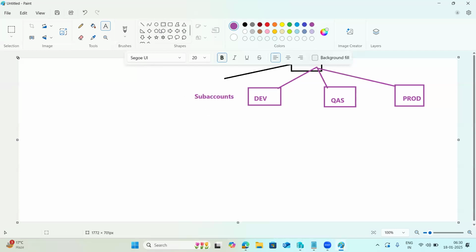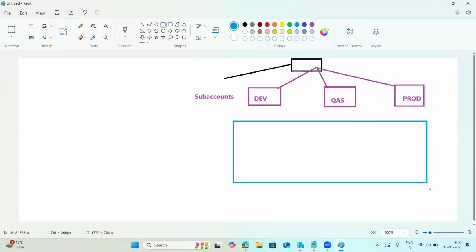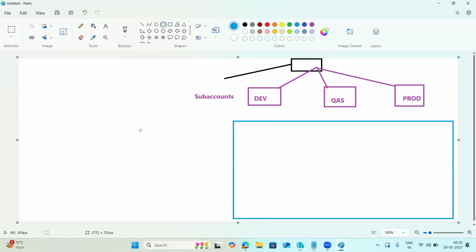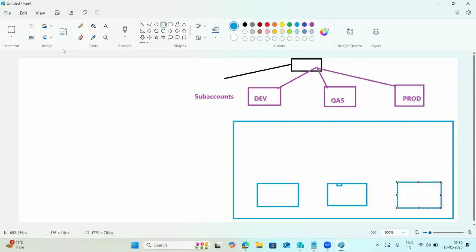So in the BTP, this is the global account and these are the sub accounts. Then what is next? Suppose the customer already has an on-premises environment, with SAP systems: a development SAP system, a quality SAP system, and a production SAP system. Whether he is an existing customer or a new customer, in the on-prem environment he has the SAP systems.